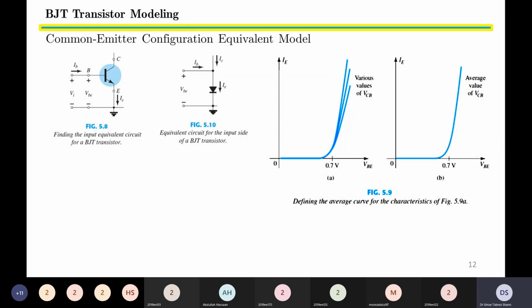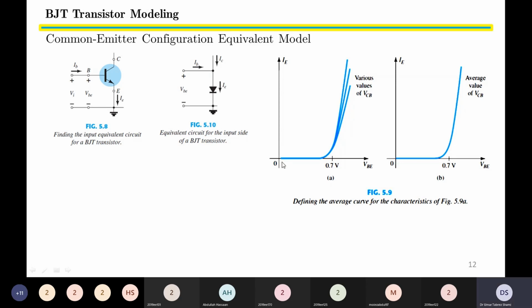Therefore, it has been replaced by an imaginary diode, such that the anode terminal of the diode is connected to the base terminal, and the cathode terminal is connected to the emitter terminal.